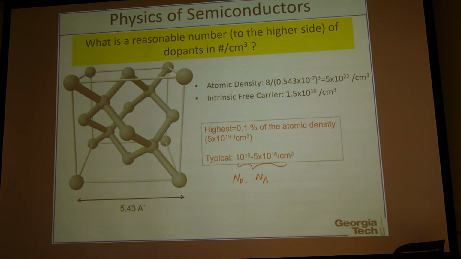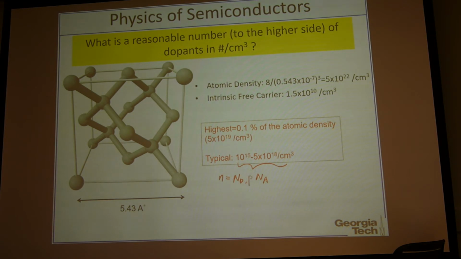As you can see here, this number is much higher than the intrinsic free carrier density without doping. We discussed before, if you dope, then the carrier density will be determined by the doping.